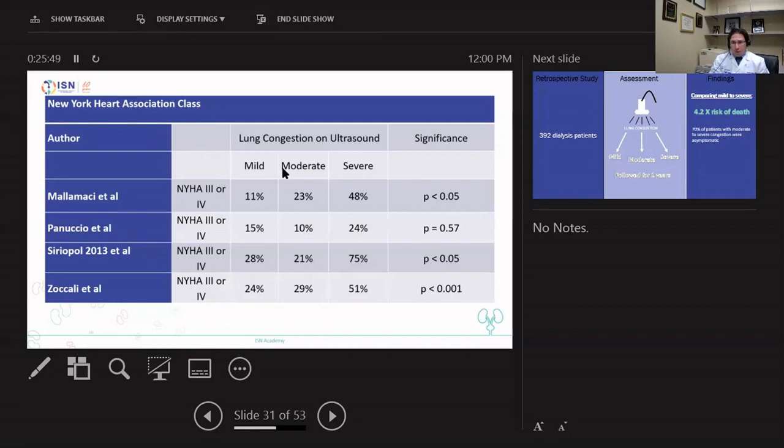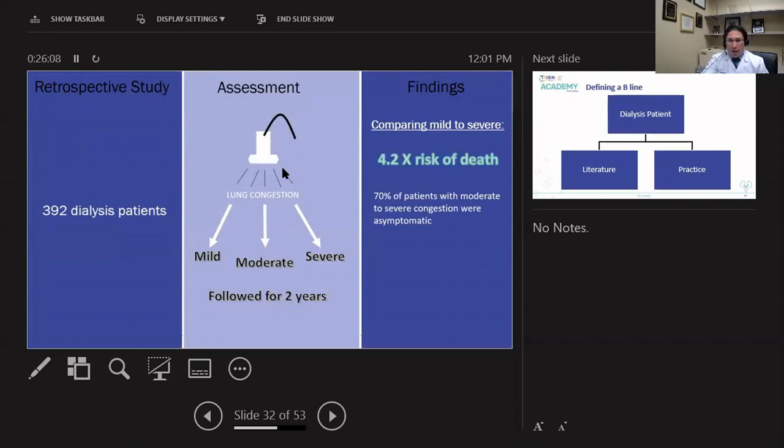Out of the 4 studies that were done, 3 of them reached statistical significance, showing that as you had more congestion, your New York Heart Association class was higher. So again, more evidence from the dialysis population that this is meaningful. I'll add that the lung ultrasound in each of these studies was done by a full 28-point lung ultrasound.